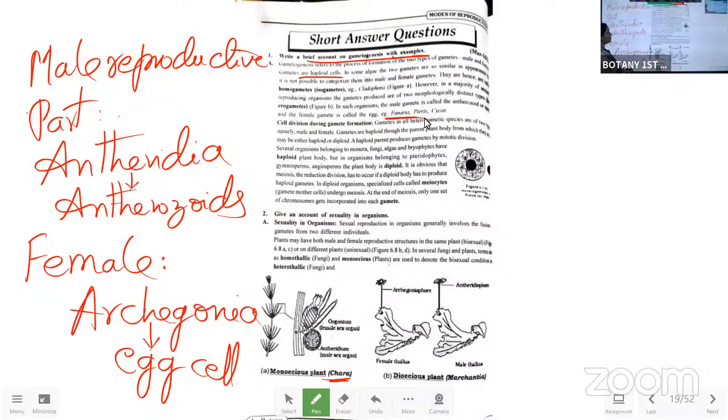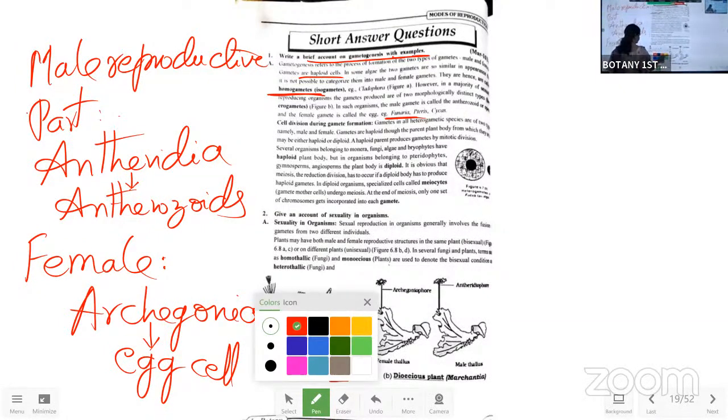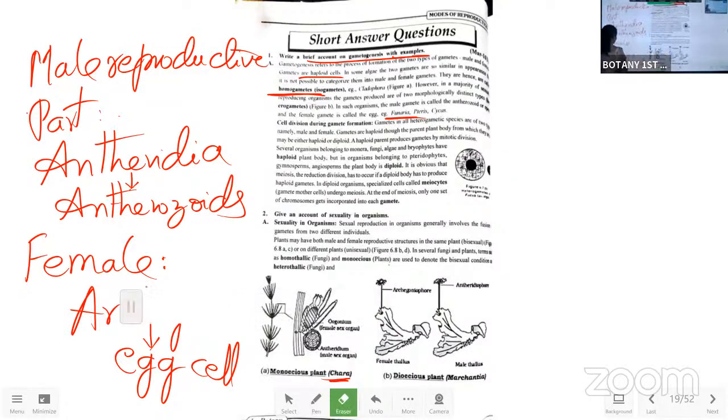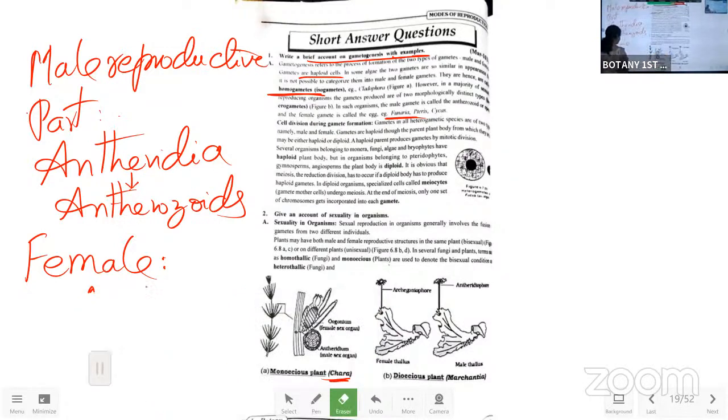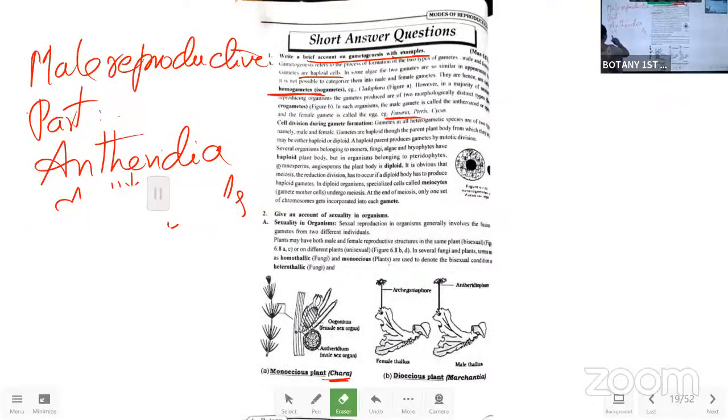And in some organisms, the gametes completely look alike. Male gametes and female gametes look alike. That is the homogametic condition. When the male gametes and female gametes look alike, that is called homogametes.